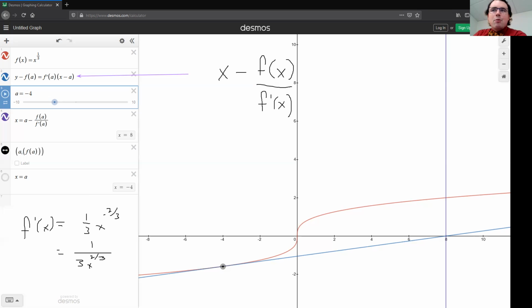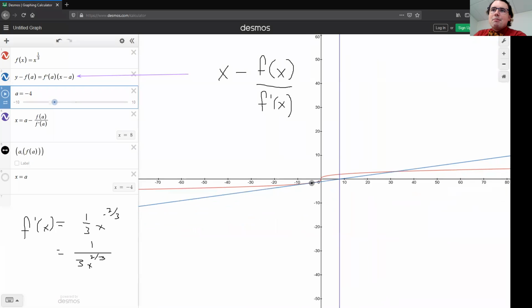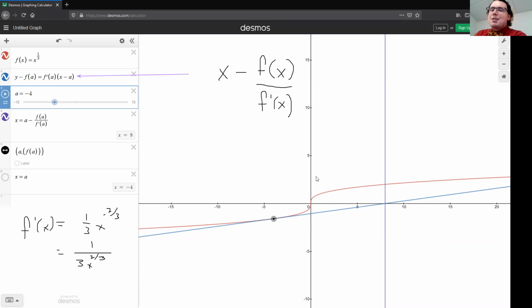So this derivative is actually flattening out, right? As my x grows larger, the cube root of x squared can get as large as I want, but this derivative is going to 0.